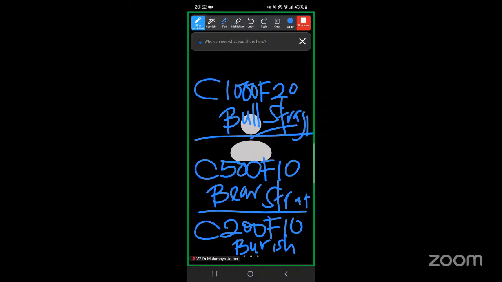Do you understand the language? So capital 1,000, first buying amount $20, bull market. This is the strategy I use. Capital 500, first buying amount $10, bearish market. This is the strategy I use. Capital 200, first buying amount $10, bearish. This is the strategy I use.